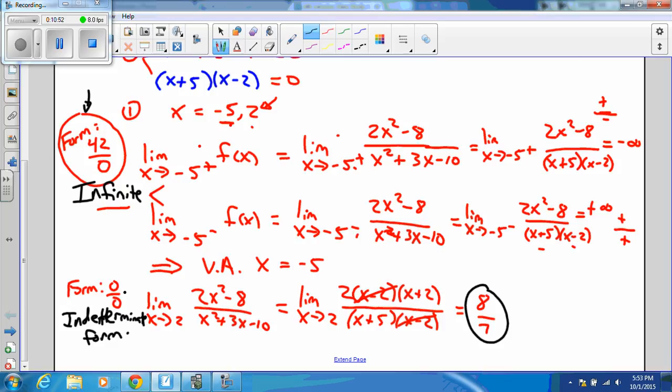It is this value right here, the fact that I got a finite value, that indicates that there is a hole at the point 2, 8 sevenths. So we want to be very clear on our logic. The form does not say hole. The form here says common factor. The value right here says hole.